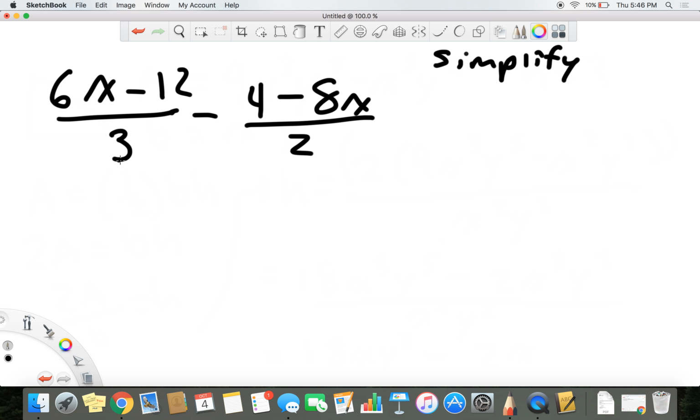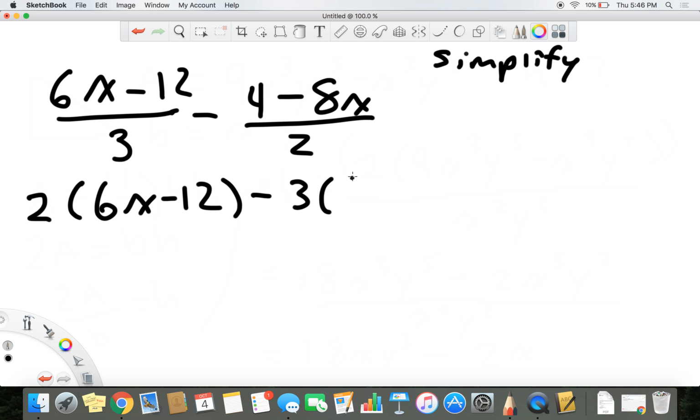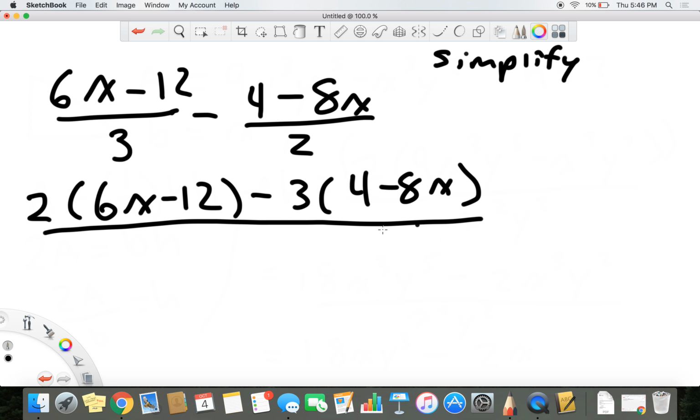An easy one would be to multiply the 3 times the 2 to get 6, which is going to be the common denominator. But to do that, we have to multiply 2 times 6x minus 12, and then multiply 3 times this side, so 3 multiplied by 4 minus 8x. And this is going to be all over 6, our new denominator.